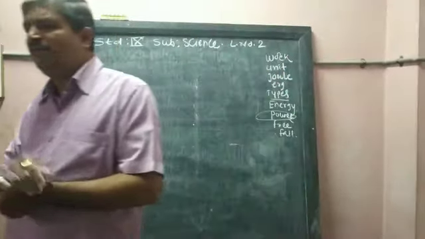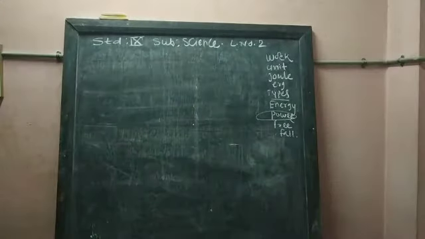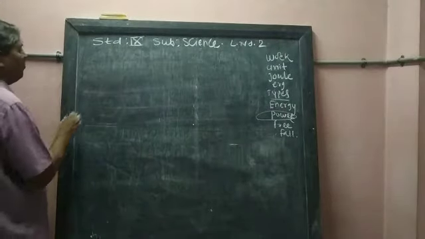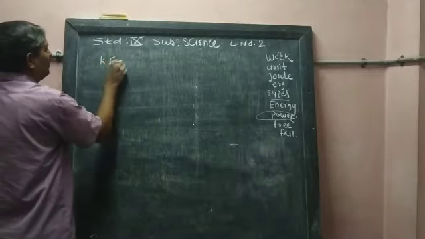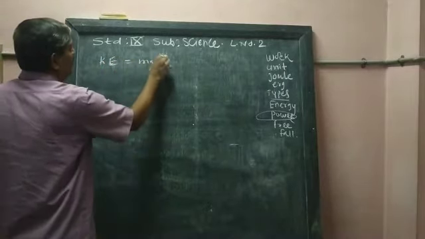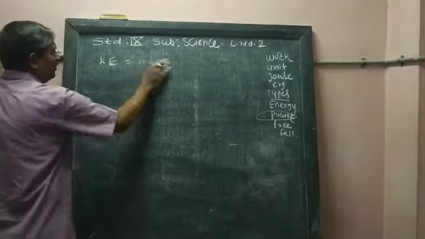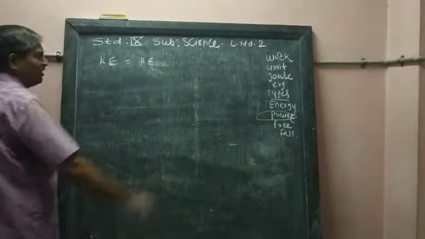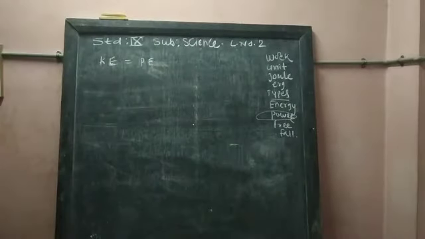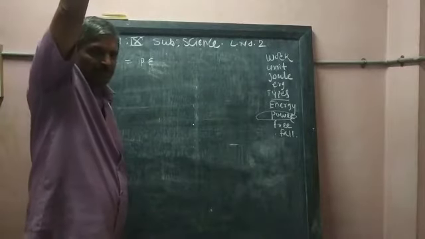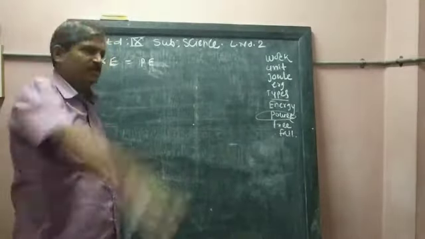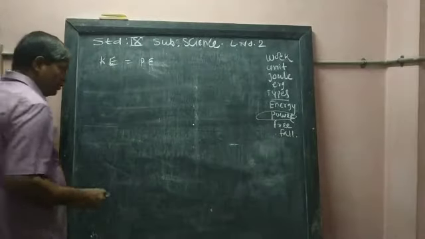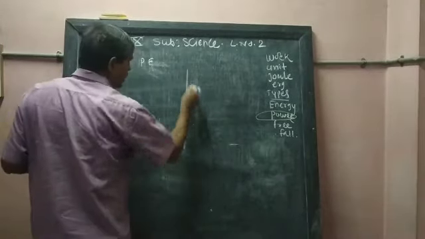Then different types of energies are involved in it too. Now we are going to study, under free fall, how kinetic energy is equal to potential energy. Exactly what happens in case of free fall if an object is released from a certain height? Suppose here there is one object.